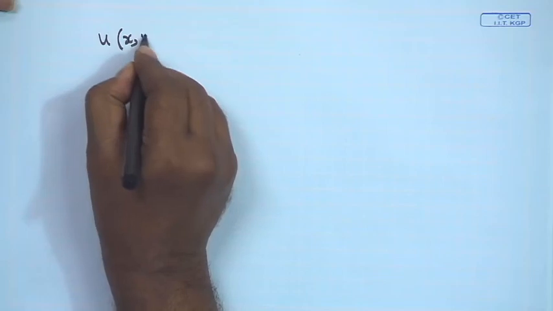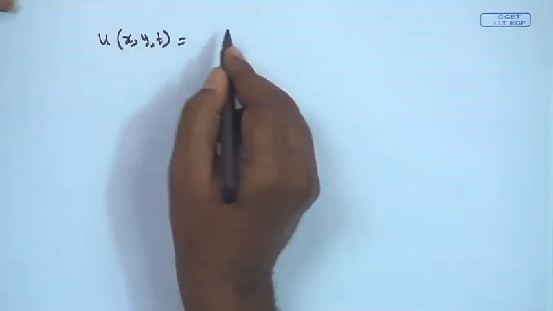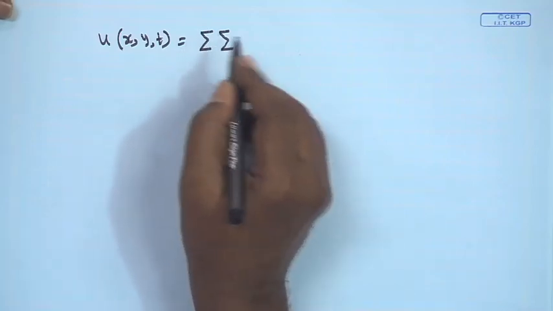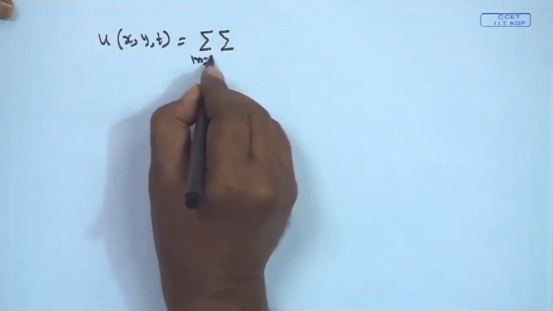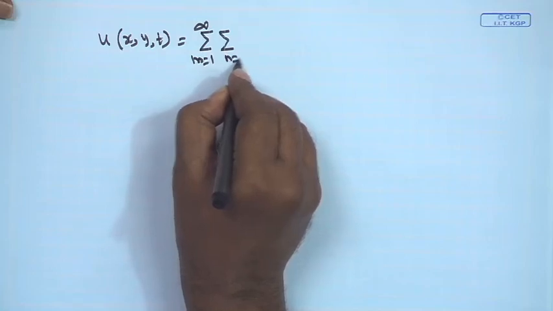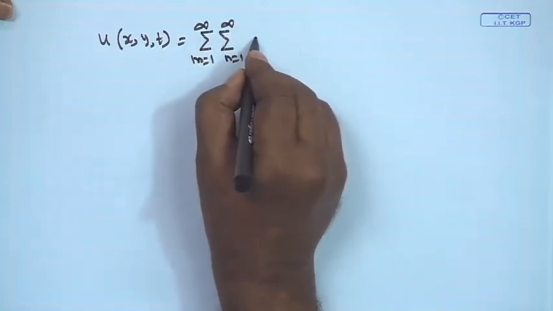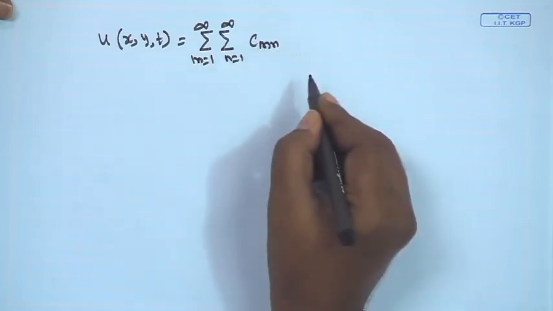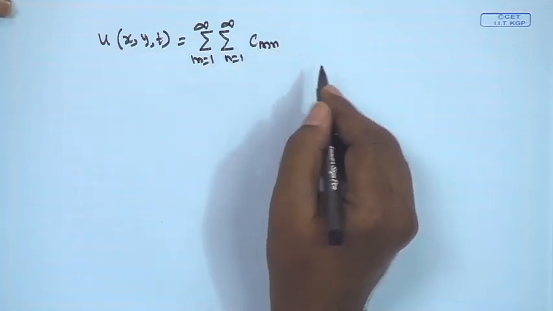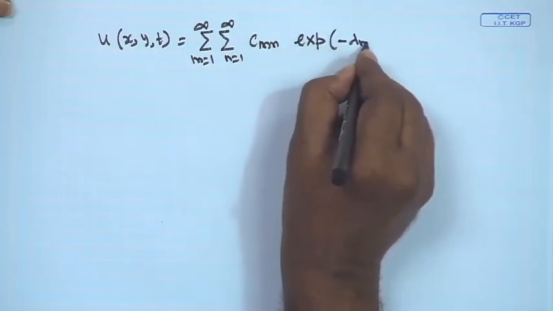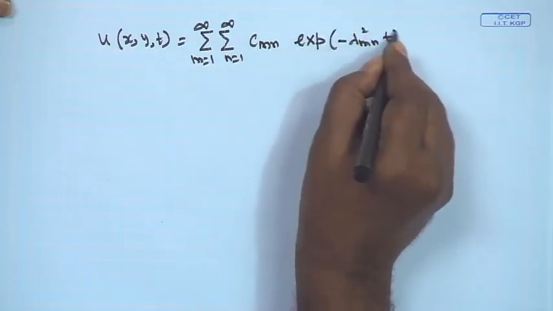Now, if you really look into that, then u as a function of x, y, t now becomes, there will be two summations: one over m from 1 to infinity, another over n from 1 to infinity. C 1, C 2, C 3, three constants, will be multiplied, giving rise to a new constant C m n exponential minus lambda m n square times t.